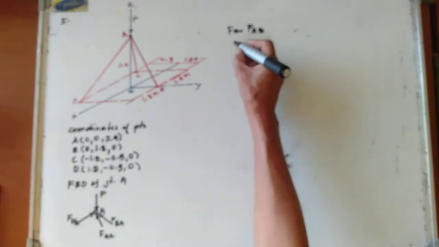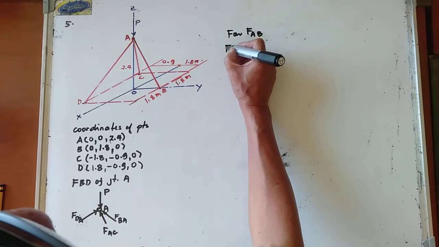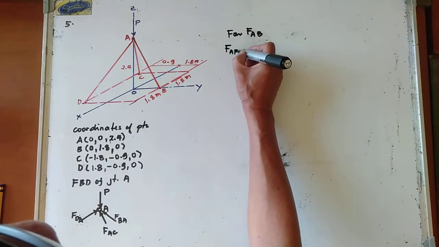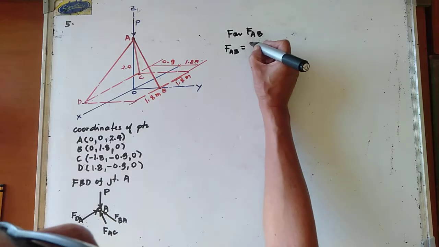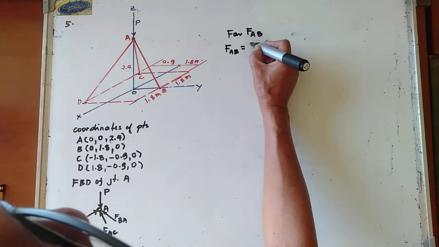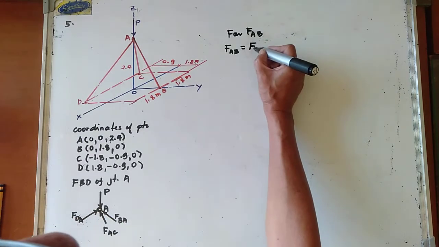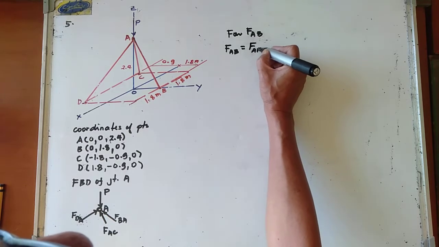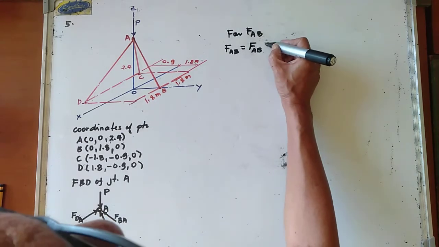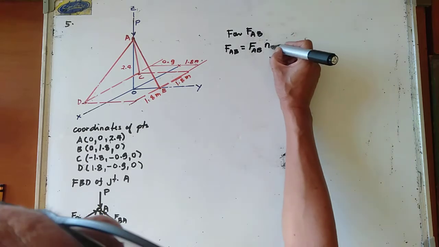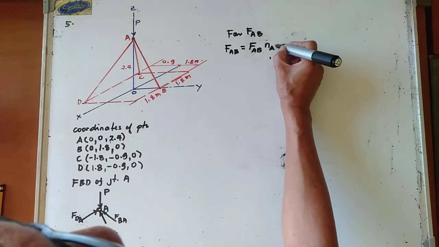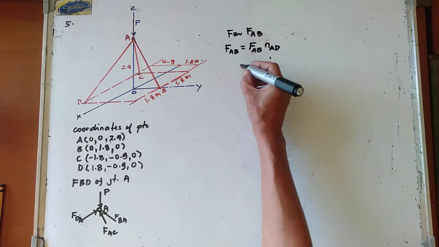In Cartesian form, FAB is equal to the magnitude of this force, FAB, multiplied by a unit vector in the direction AB.